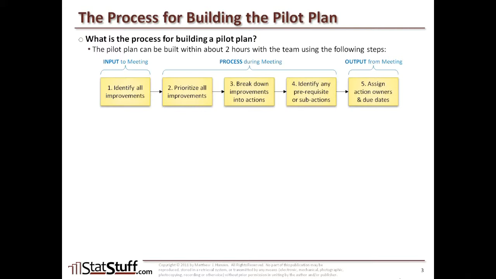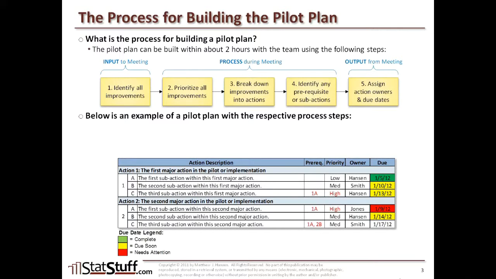So here's an example of what the pilot plan would look like with the type of process steps that you might identify. As an overview, before we get into the explanation of the actual steps that we listed up here, this is what the overall output will look like. We start off with number 1, number 3, that is identifying the improvements and breaking them into actions. This is this portion here where those improvements are noted as actions.